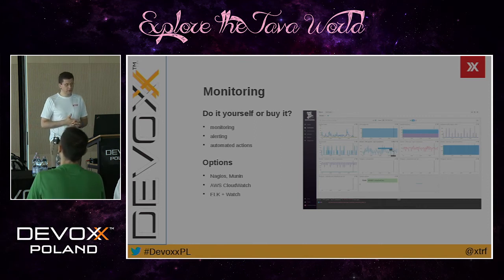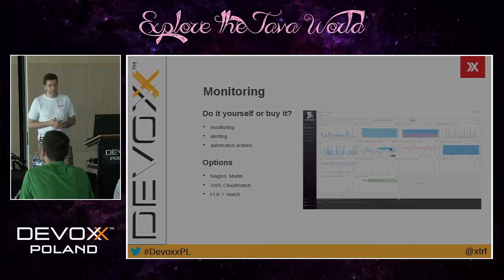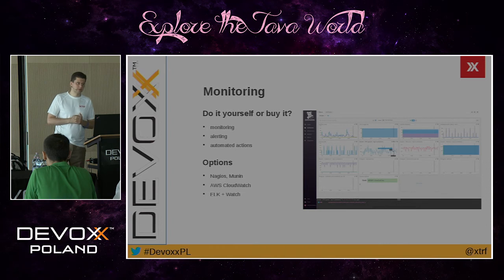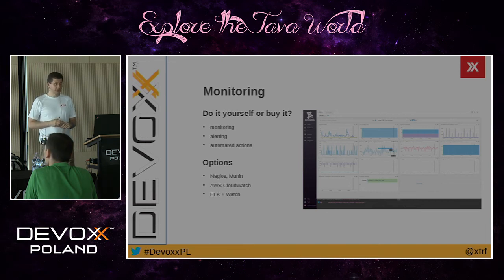So when it comes to monitoring, there's a question: shall we build it on our own, or maybe we can buy it, right? So we explored some known technologies like Nagios, Munin, for instance, Amazon CloudWatch. There are other options, but then we realized that we can actually buy something that is ready. Datadog. Really nice feature.